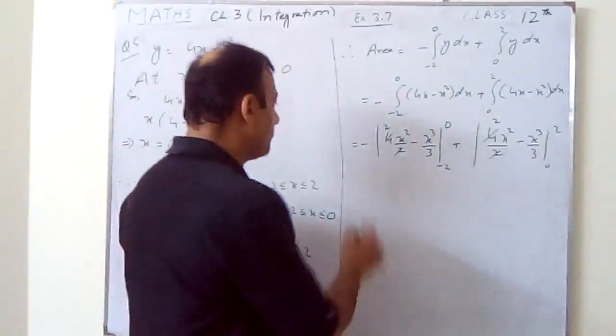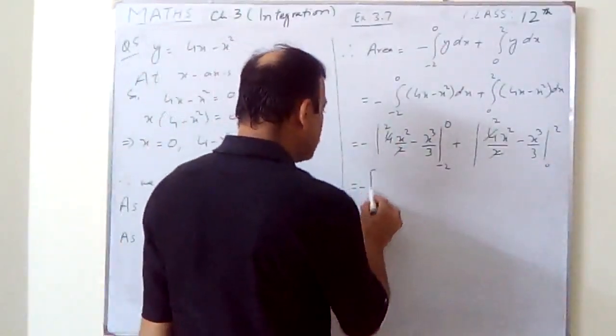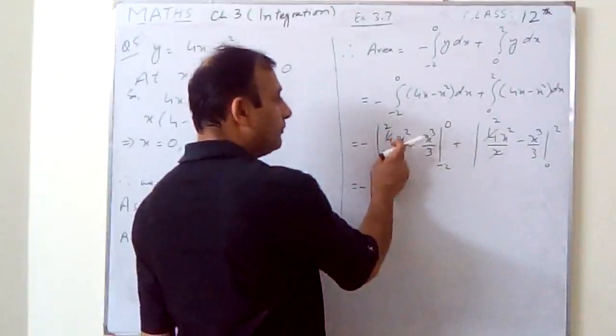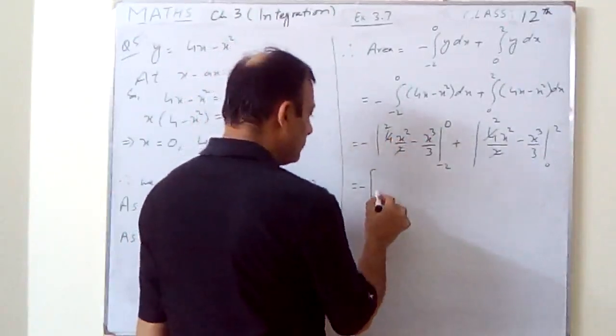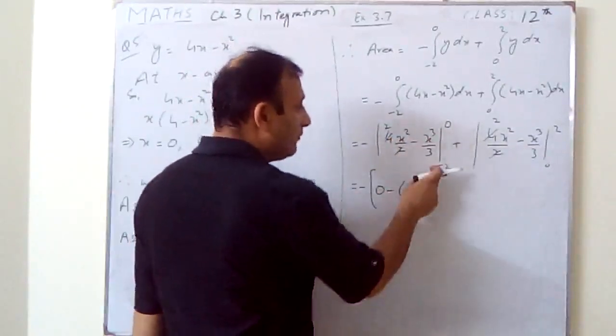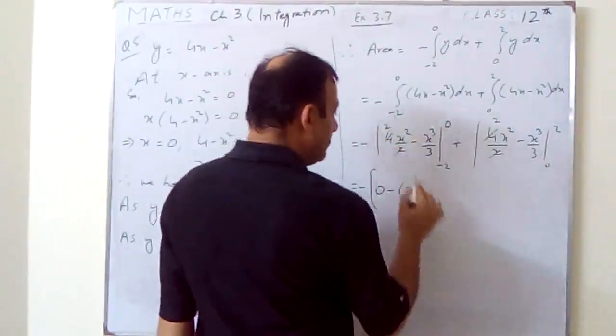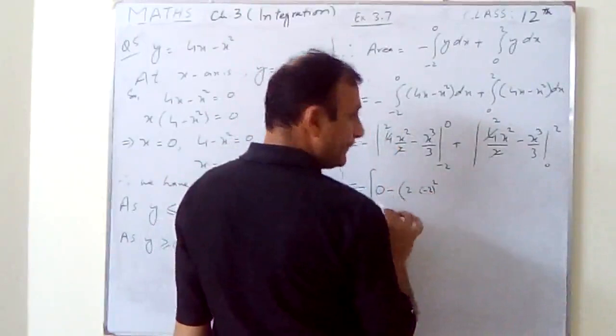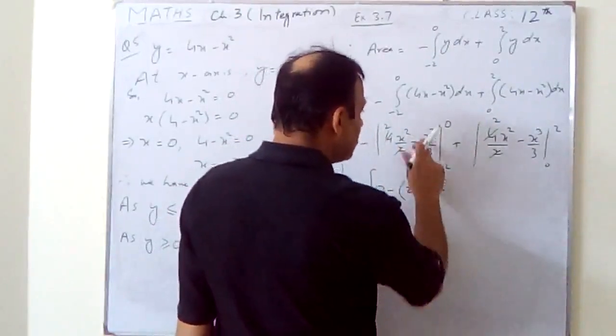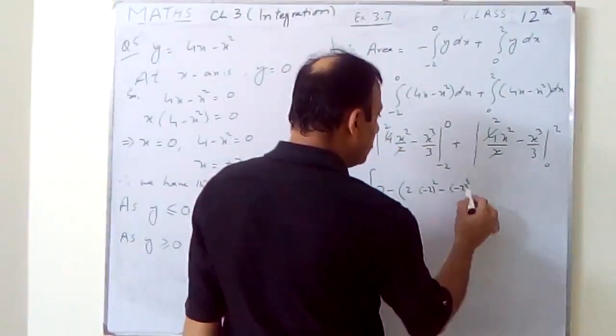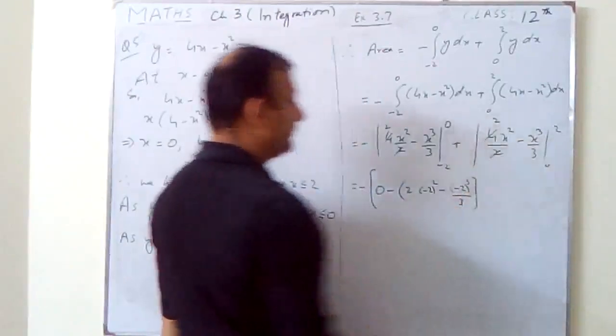Now when we put in the values, minus, when we put 0 here, it becomes 0, minus, so 2 into -2 whole square minus -2 cube divided by 3.